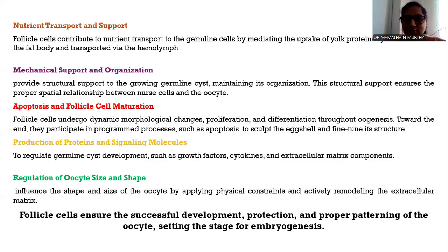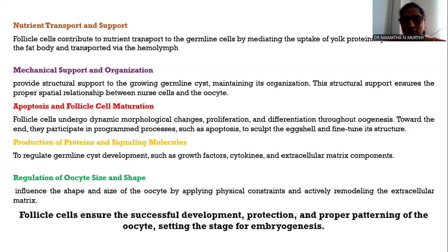Apoptosis and follicular cell maturation: follicular cells undergo dynamic morphogenic changes, proliferation, and differentiation throughout oogenesis. Towards the end, they participate in apoptosis and help in sculpting the eggshell and fine-tuning its structure.